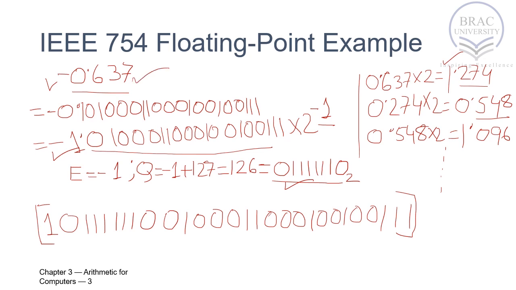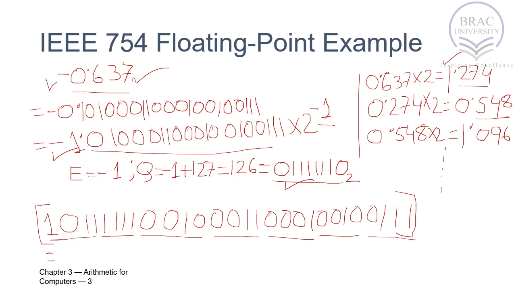Now from this there is one more step that we can do. We can represent this value in hex. To do that, we can take 4 bits from here, 4 bits from here, 4 bits from here, and then we can represent them in hex.